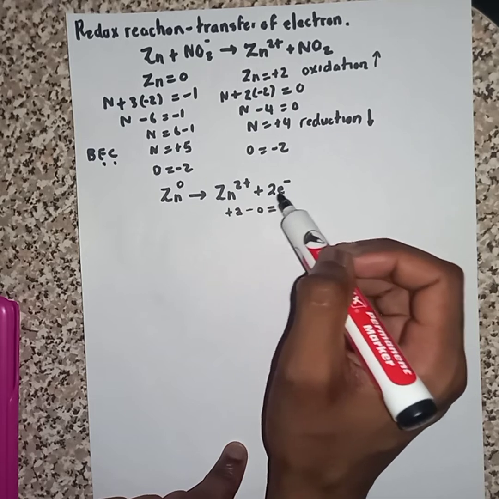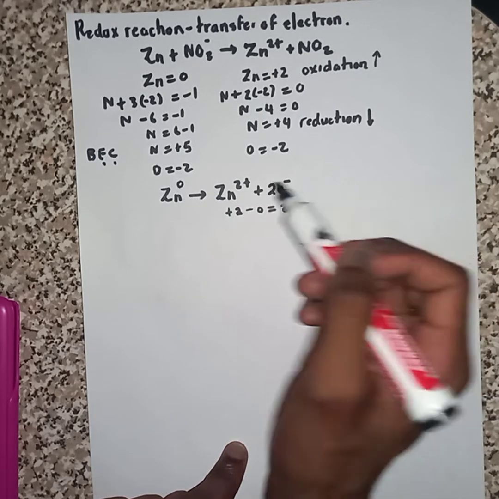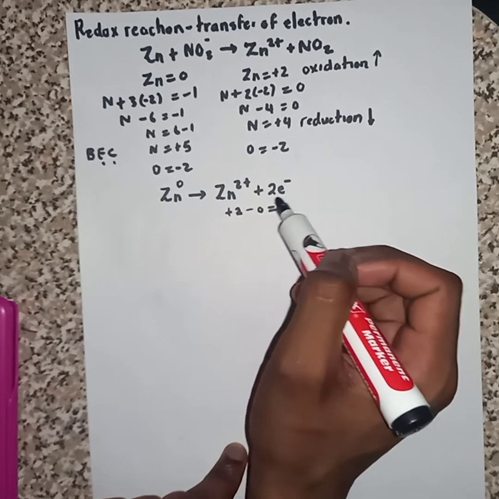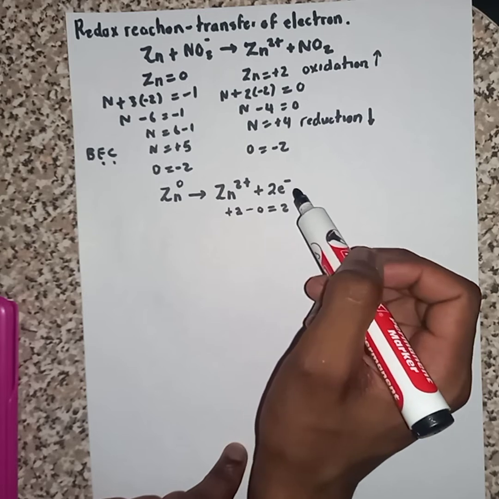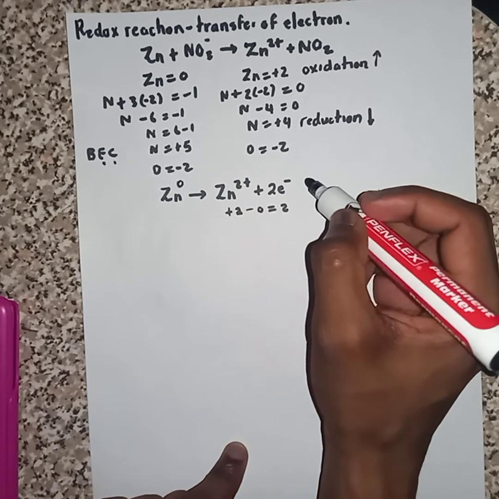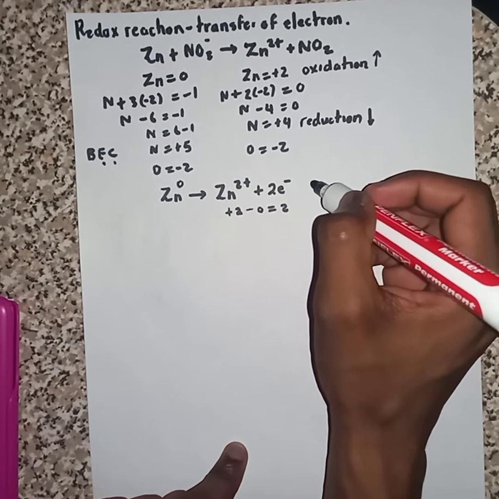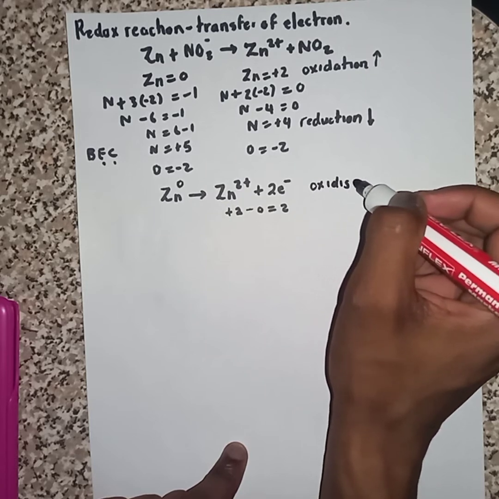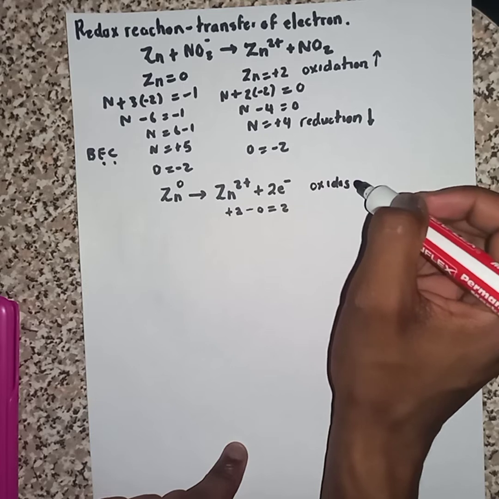For me to get this 2e, I said 2 minus that 0, then I got +2. Then I write 2 electrons. This one represents an oxidation.